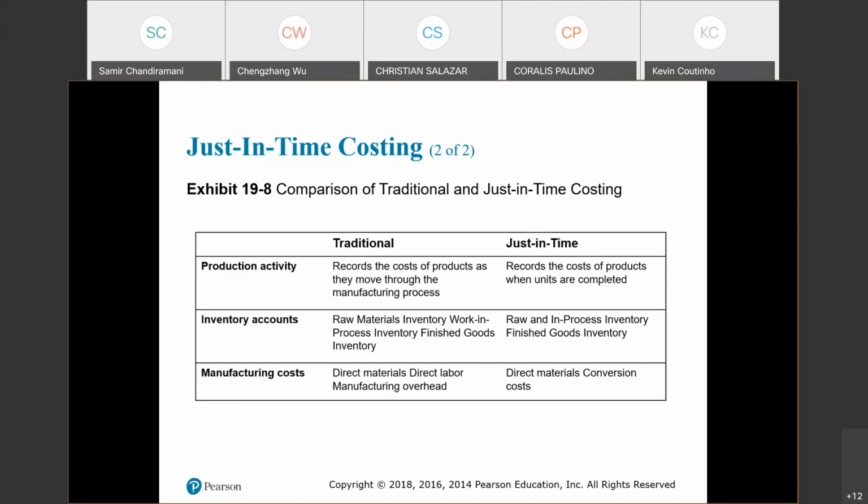And in detail, in terms of inventory accounts, just-in-time costing uses one combined account to record raw materials and in-process inventory.